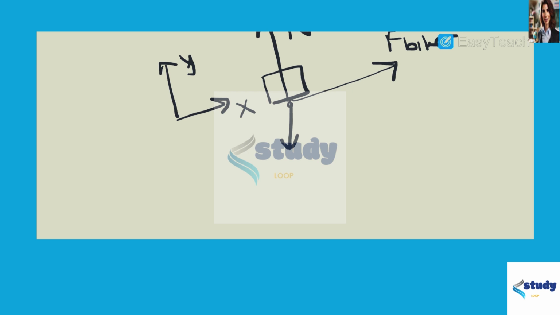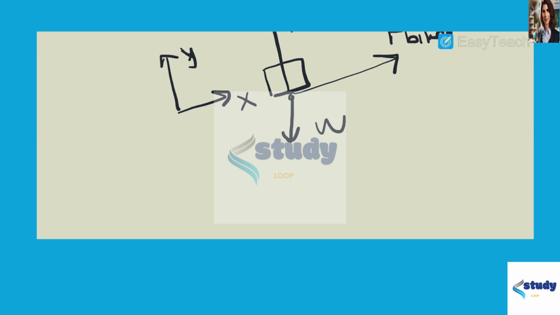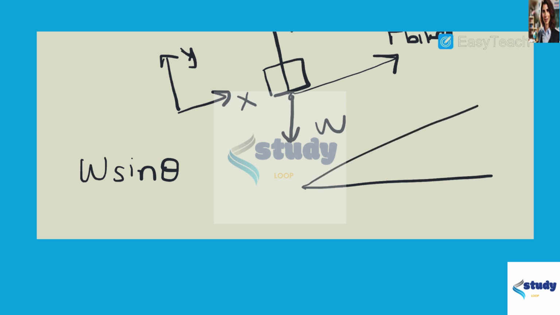When we resolve our forces, the force of the biker is actually overcoming the force of w sine theta, where theta is the angle between the horizon and the slope itself. Remember that we're given that the slope is a 3% slope.